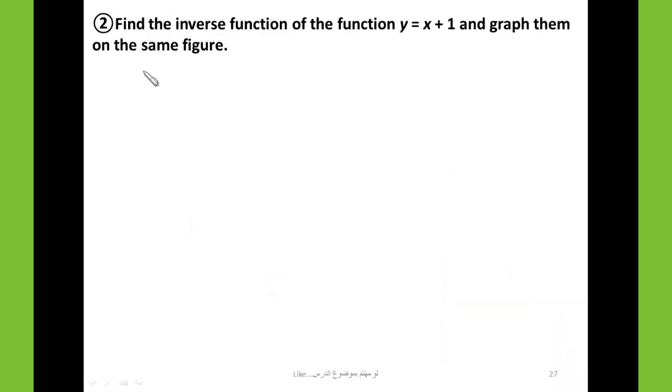Question 3, second part. Find the inverse function of the function y equals x plus 1 and graph them on the same figure. Solution. Y equals x plus 1.